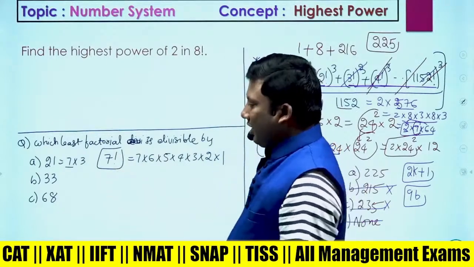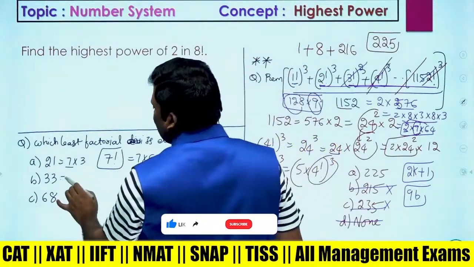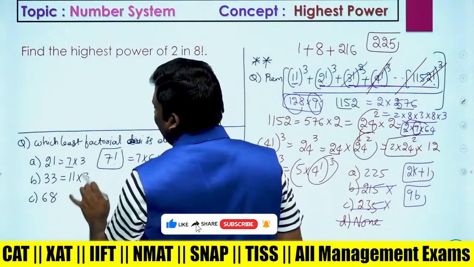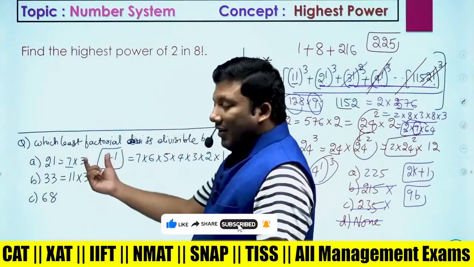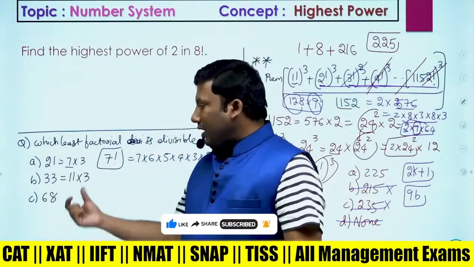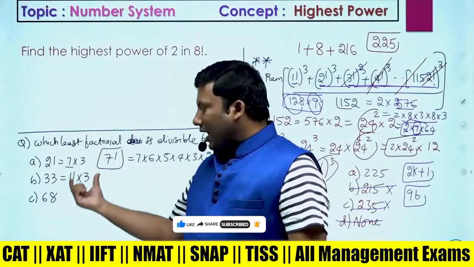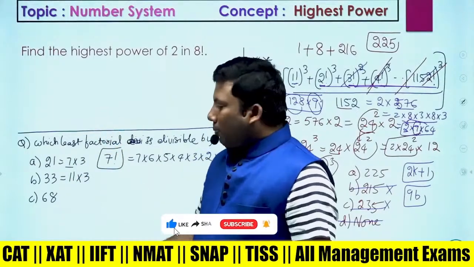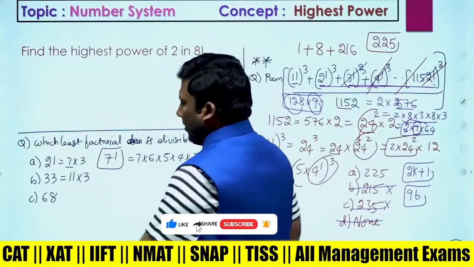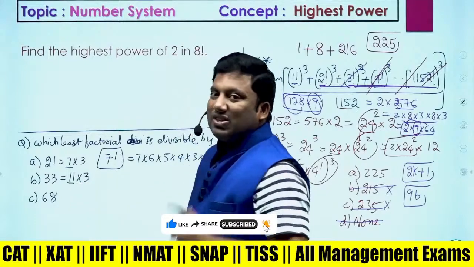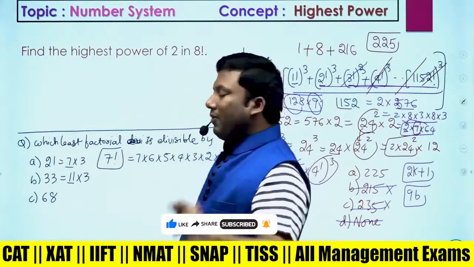That is 7 factorial. 33 is 11 into 3. If the given number is a composite number, write down the composite number as a product of co-prime numbers, take the highest number. Highest is 11. Which factorial will have 1 power of 11?